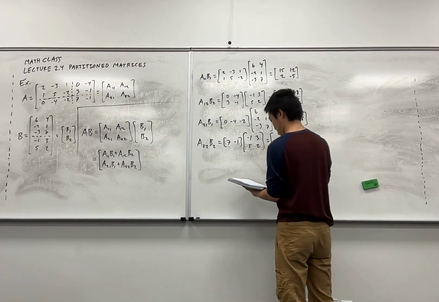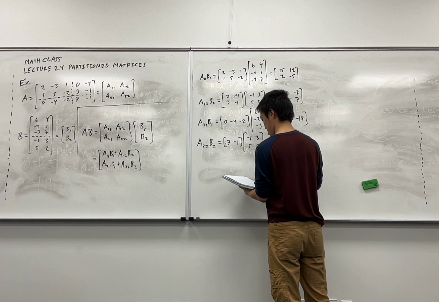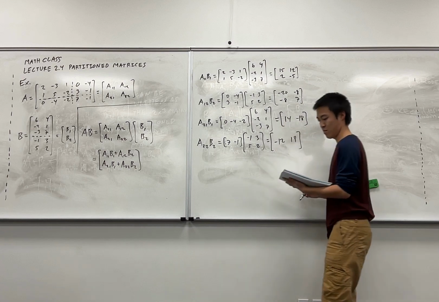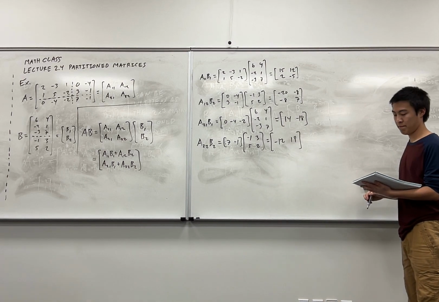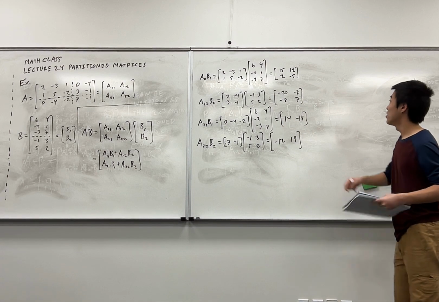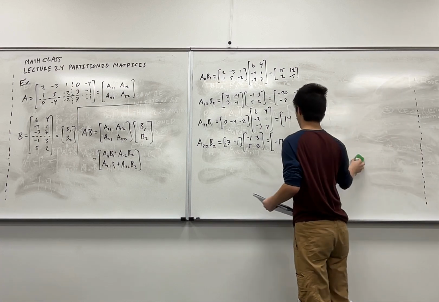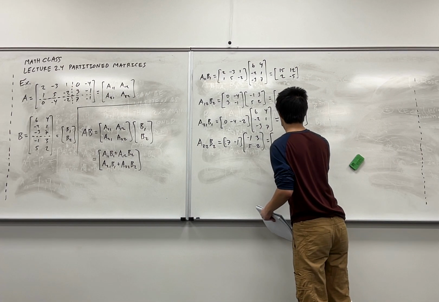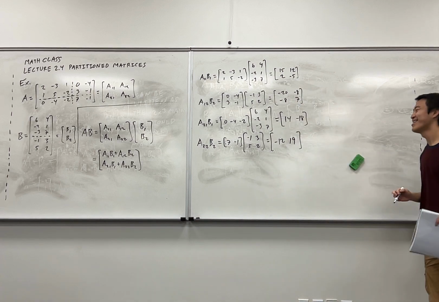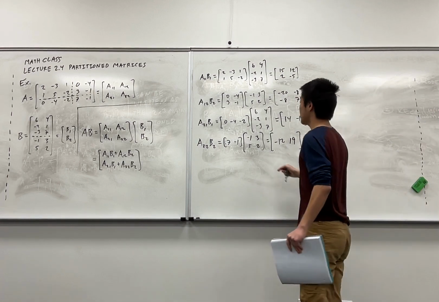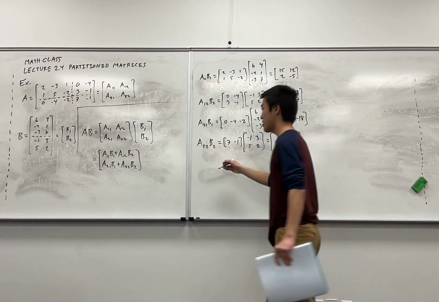And then that's just going to be minus 12, -2. So that's a 9, that's not right. I'll rewrite it. Yes, minus 12, 19.